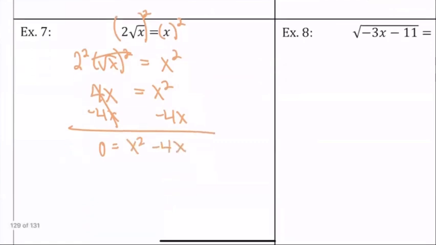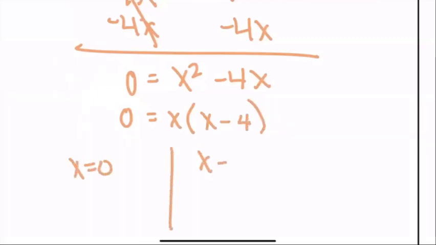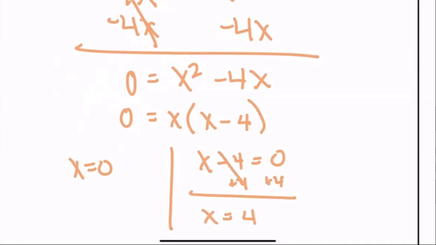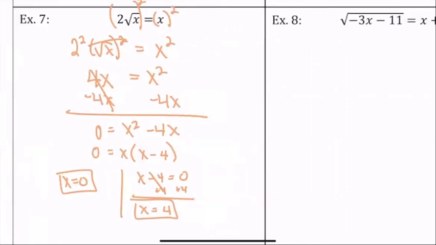And now I want to factor. I don't have a trinomial, so I cannot do a multiply add chart, but I could take out a greatest common factor of x. Like that. And then I'll set each of the factors equal to 0, just like I did in the last one. And that gets us to here. Our answer is 0 and 4.